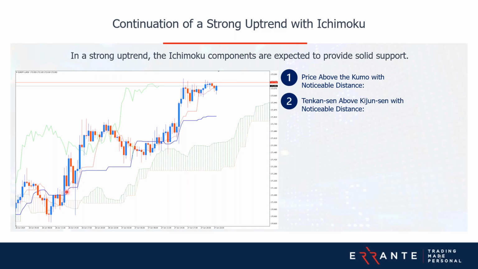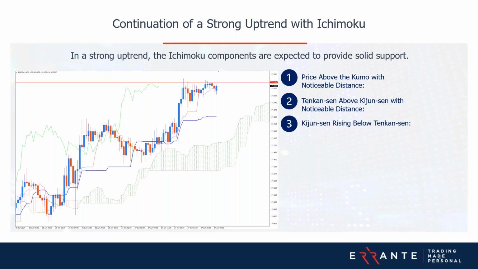So this is what we usually see here after this crossover between the Tenkan-sen and Kijun-sen. We see how the Tenkan-sen is diverging from the Kijun-sen as a longer term support level.